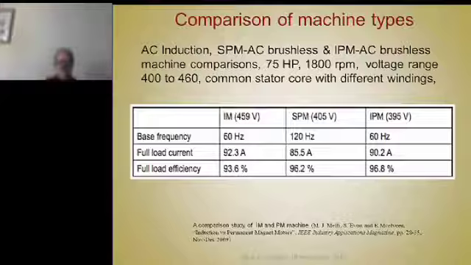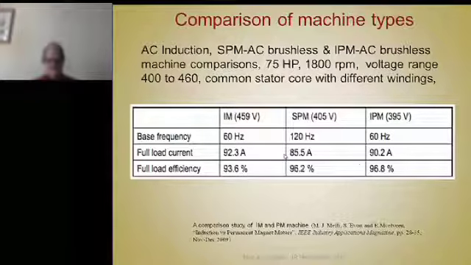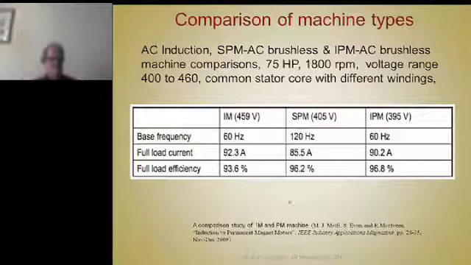Induction motor right here, a surface, and an IPM, and this is one of the few studies of this I've ever seen. So I think this would be useful for all of you that have this question in your mind. You can see what the full load currents are and the full load efficiencies are, and the base frequencies.